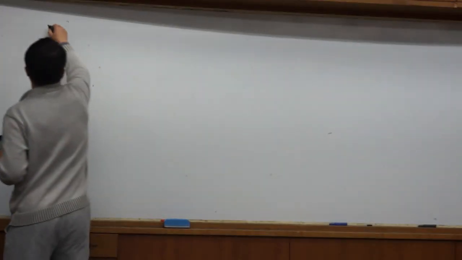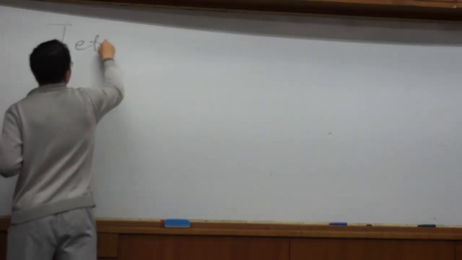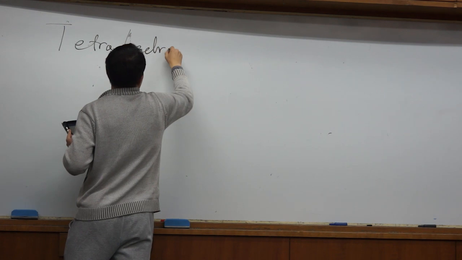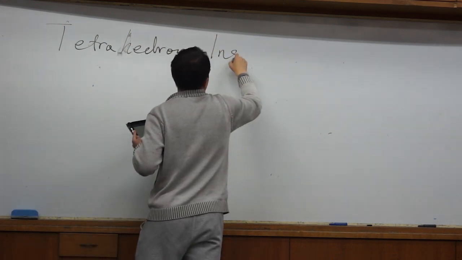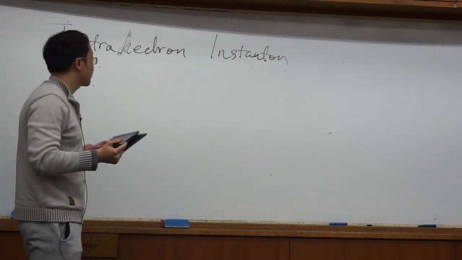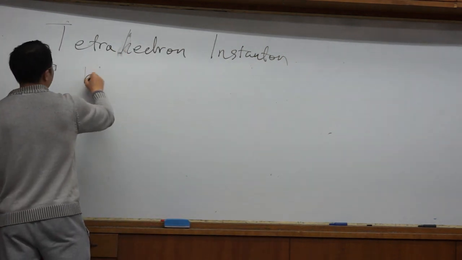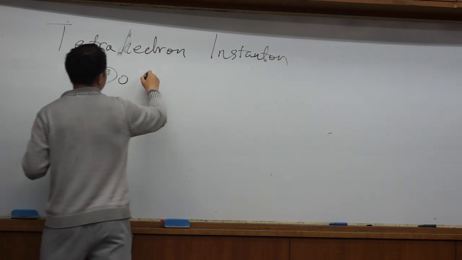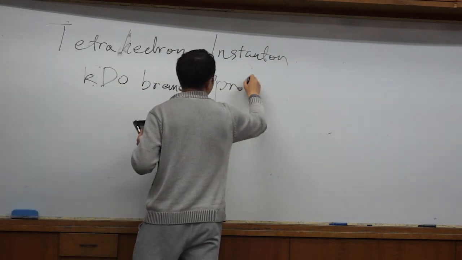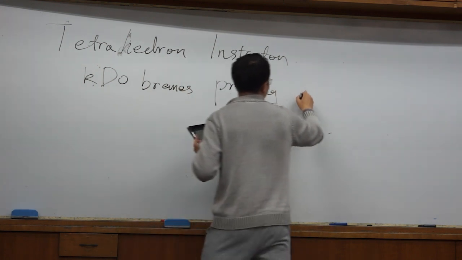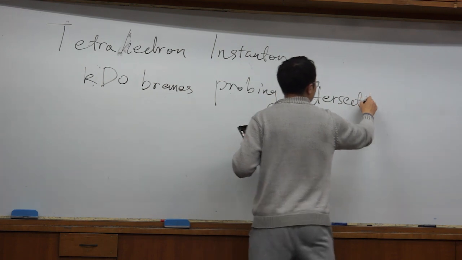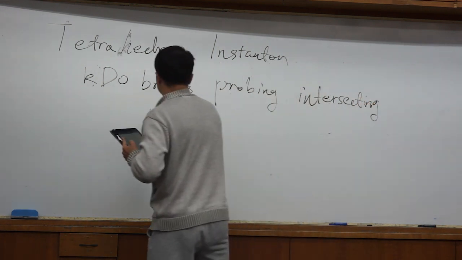So here is what we call tetrahedron instantons. It's a brane system where we have k D0 branes probing intersecting D6 branes.